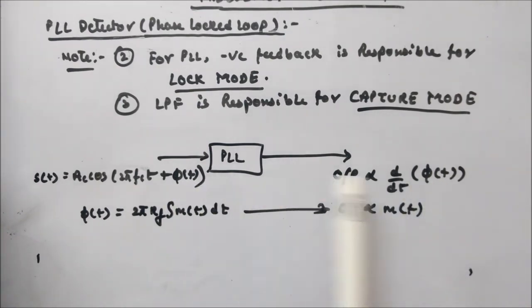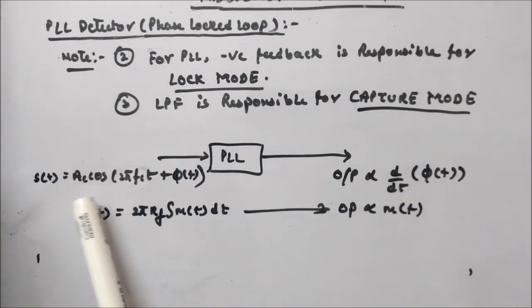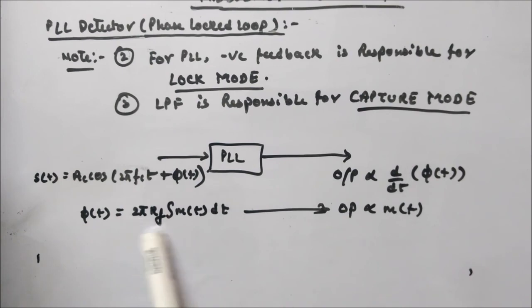In our case, when we had FM, our phase was 2 pi kf integration m(t) dt, and at the output we are getting output proportional to m(t). Okay, so this is in general what we have done till now, and that is how you demodulate FM and capture your m(t) from the FM signal.